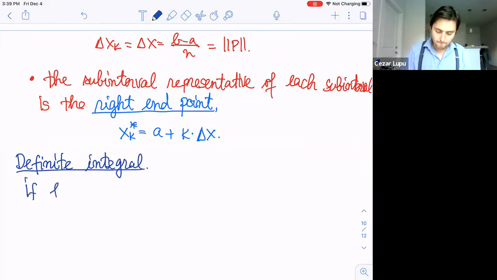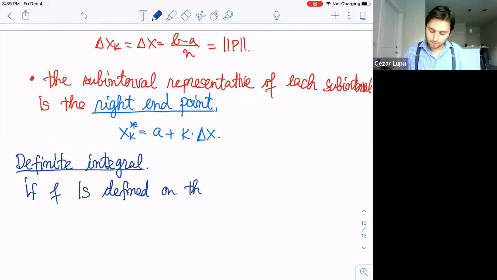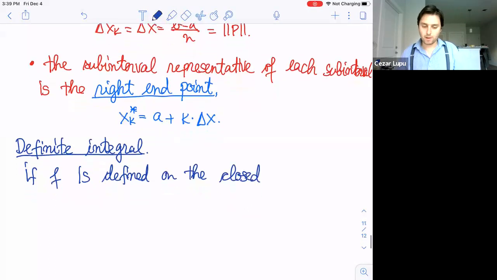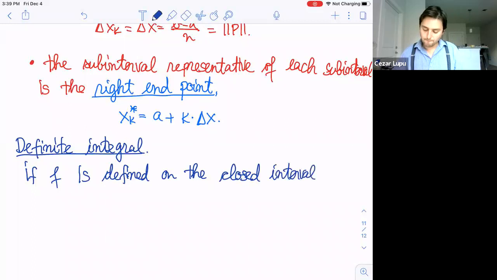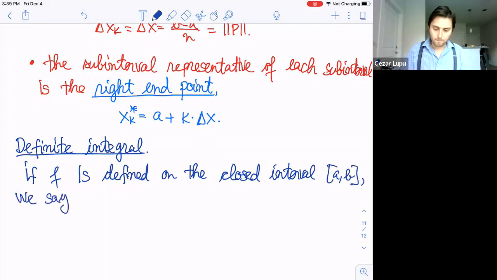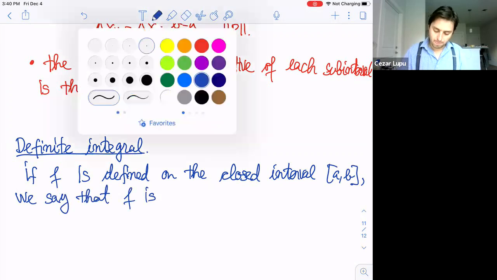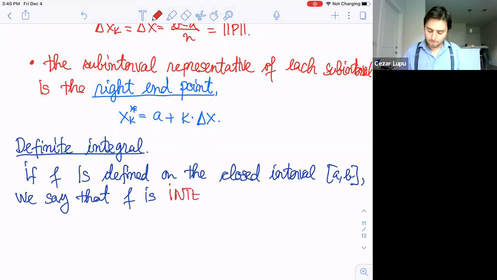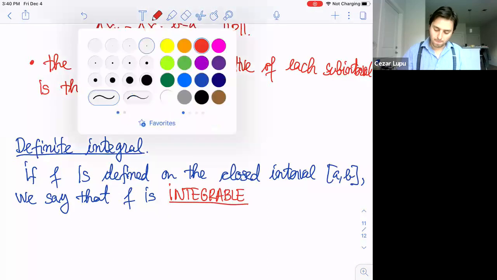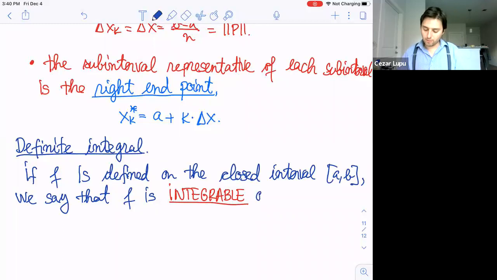So if f is defined on the closed interval [a, b], we say that f is integrable on the interval [a, b], right?